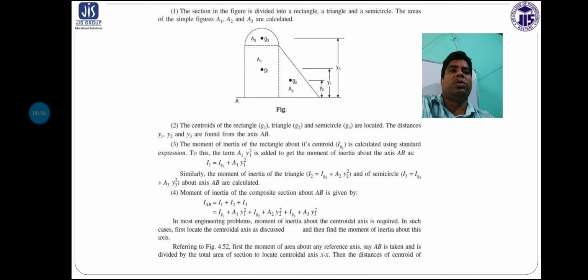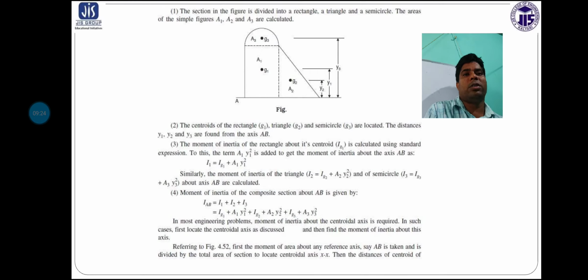Now suppose this is a composite figure. How can it be done with the help of different moment of inertia standard figures? The section of the figure is divided into a rectangle, a triangle, and a semicircle.